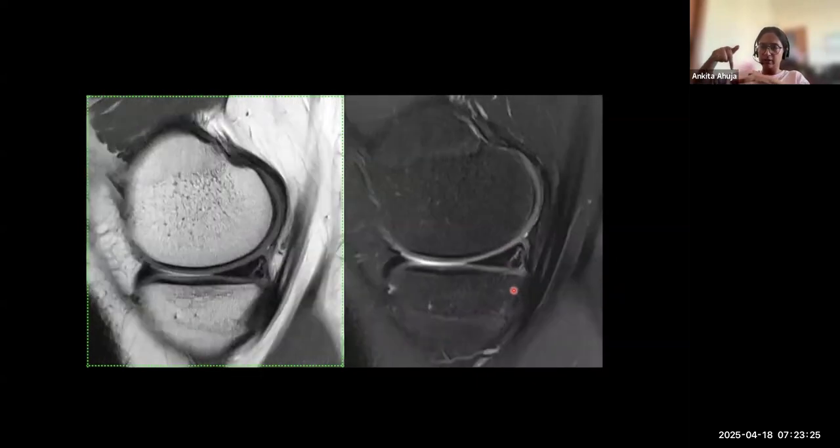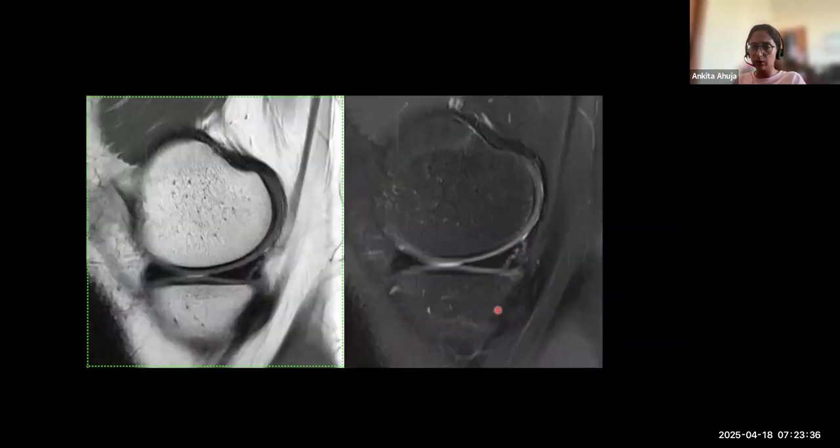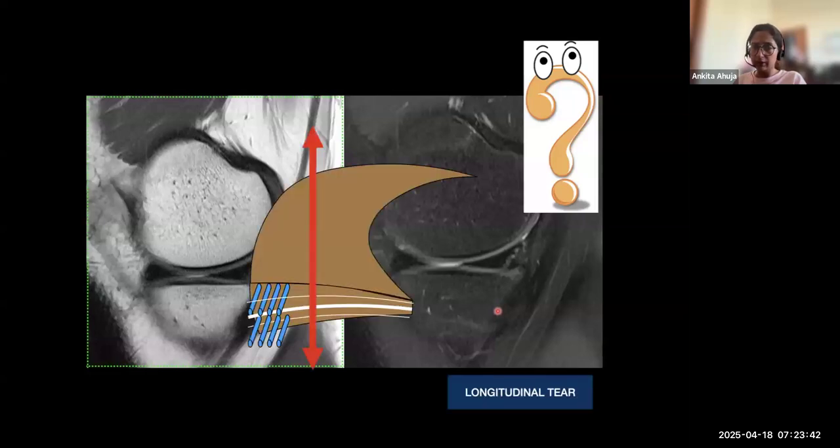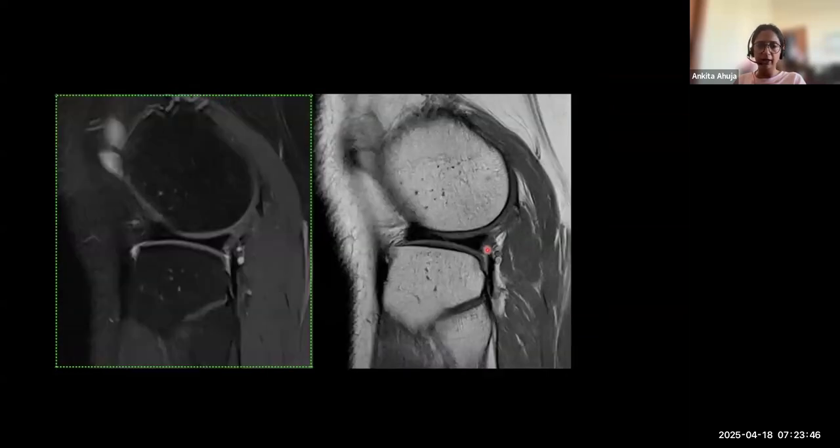It is cutting the meniscus somewhere in the posterior horn, and it is going along the fibers. Is it agreeable? So if it is going along the fibers, what should it be? Vertical, which is along the fibers. It is a longitudinal tear.